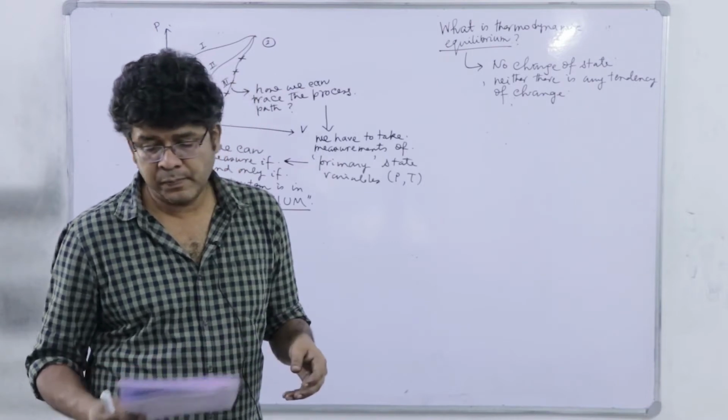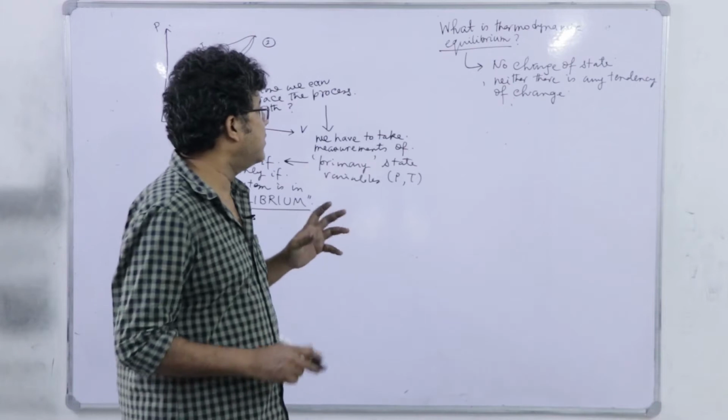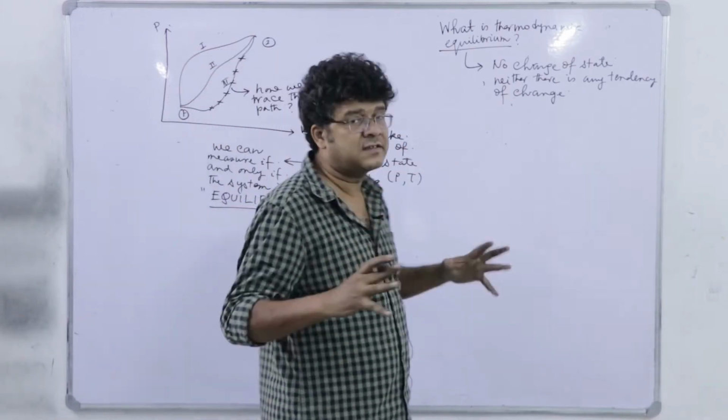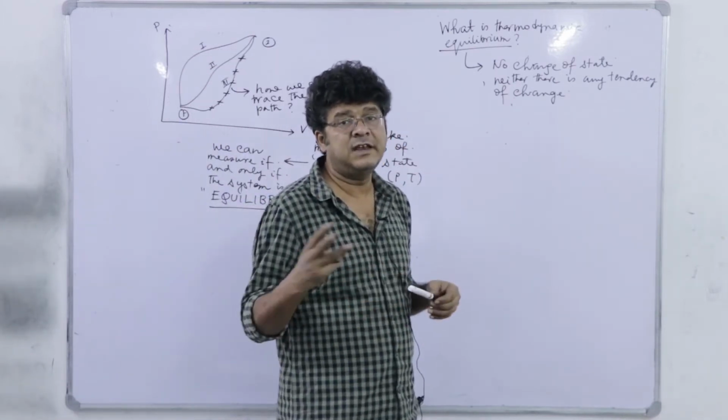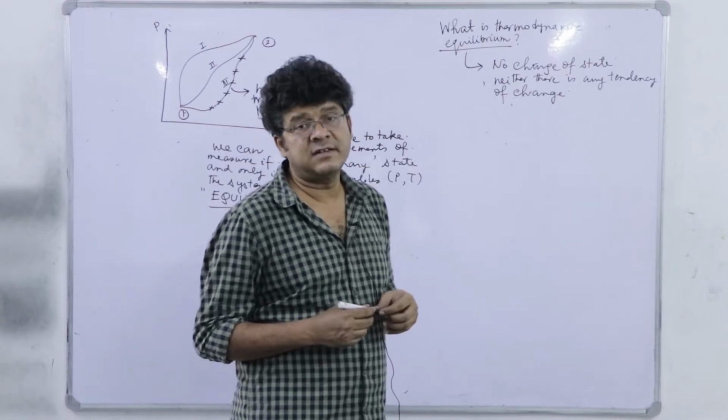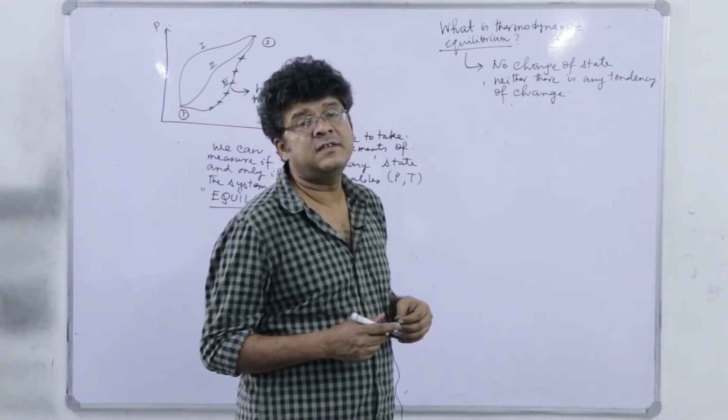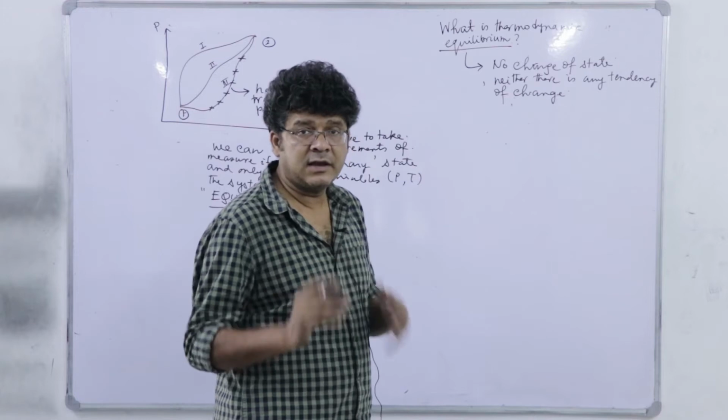Now, thermodynamic equilibrium in the gross sense is a collective of 3 individual equilibria present simultaneously. These are mechanical, thermal and chemical equilibrium.